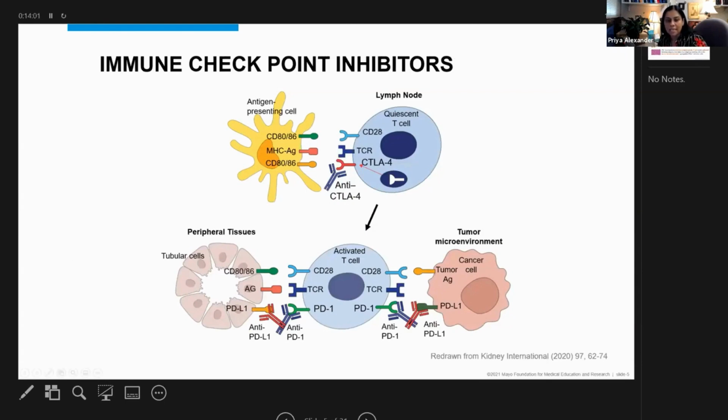And here you see that the activated T cell is working against the tumor cell, and the antibodies are preventing the normal negative regulators from controlling the environment. So you have an overactive immune system.